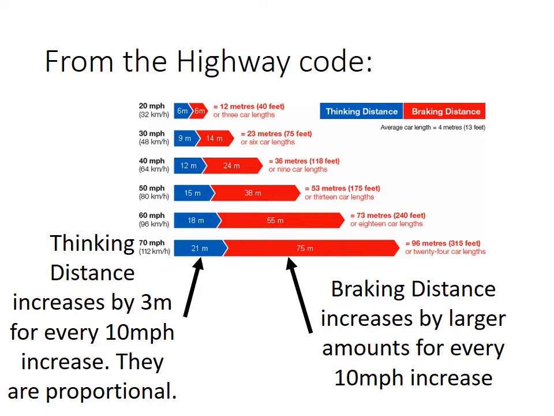So for every 10 mile an hour increase in speed, the distance increases by a larger amount. So we wouldn't say that that is a directly proportional relationship. However, there is a relationship there which is positive, but it's also just a bit more complicated.